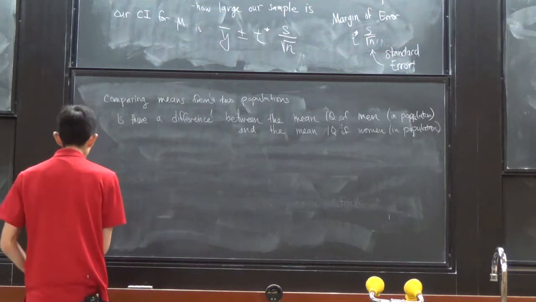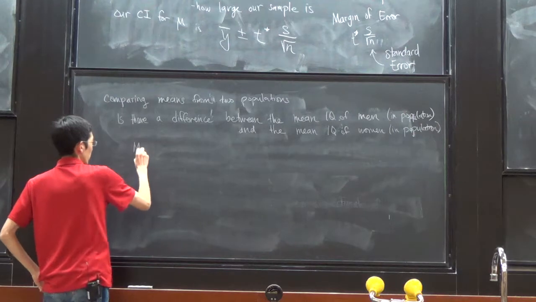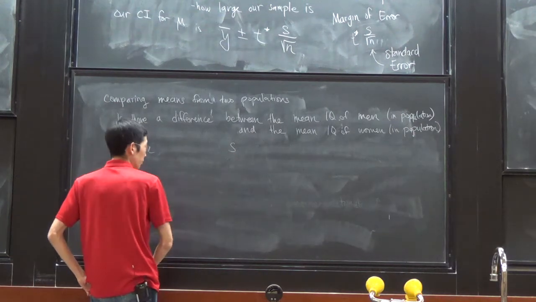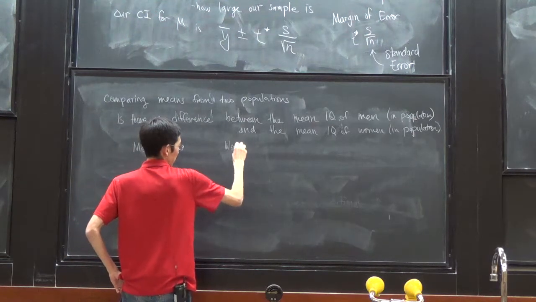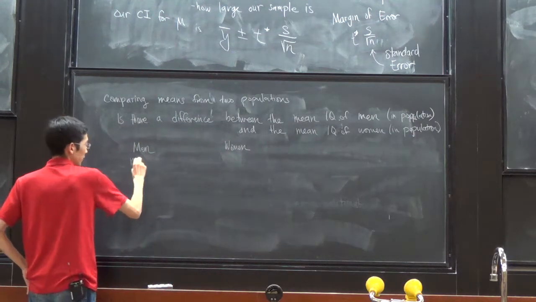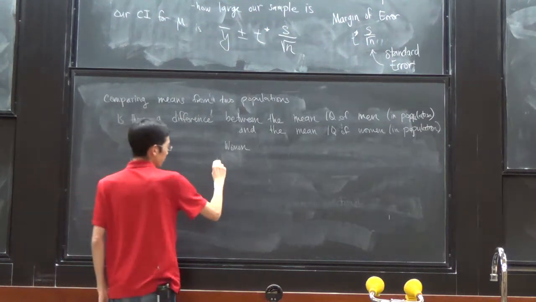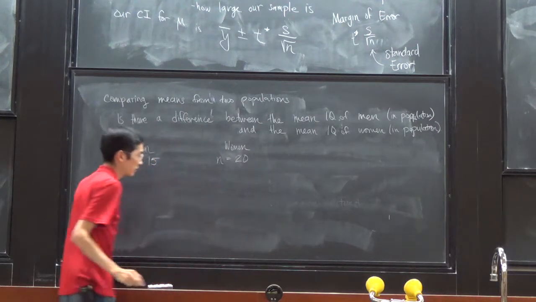Well, we can take two samples. So we have a sample of men and a sample of women. Let's say we have 15 men in our sample and 20 women in our sample.